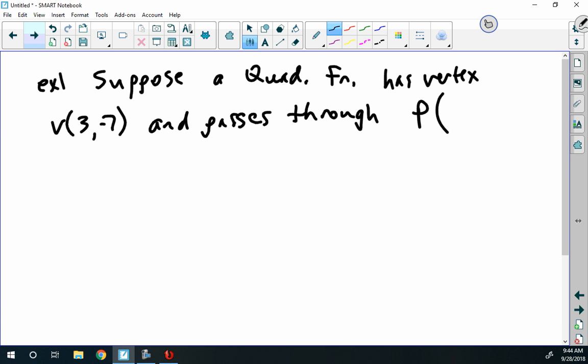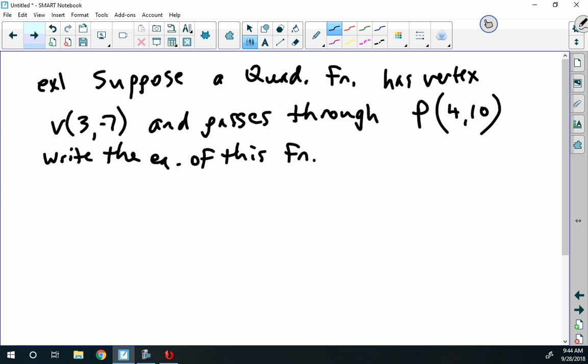Passes through some point P, which has the coordinates (4, 10). Write the equation of this function. I couldn't have been any nicer.